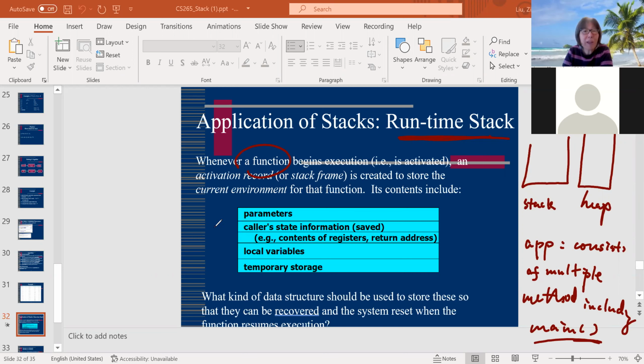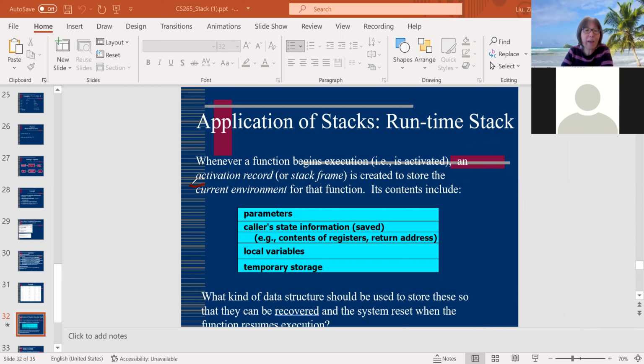Okay. So basically, in the operating system, it has a runtime stack to store all the information. Whenever a function begins the execution, basically there is something called an activation record created.